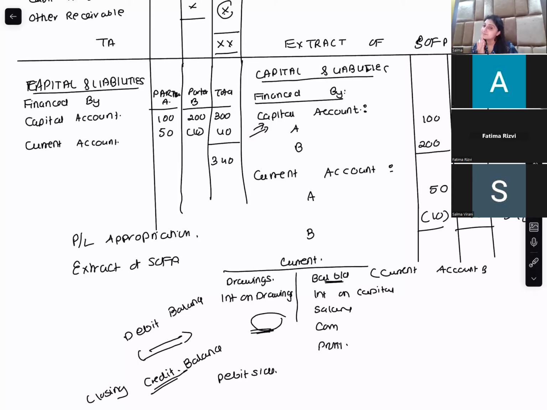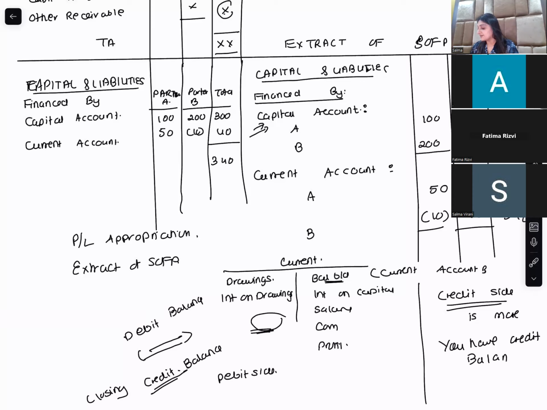Miss, how do we decide if it's a debit or a credit balance? Depending upon which side is more. So we check the closing balance. If the credit side is more, you have a credit balance.